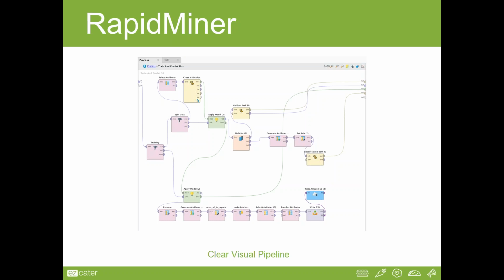We are running cross-validation on it, and we apply it back to the data that was not in the training set. And then you can see we write a CSV and upload it to S3. Way easier to share this with a colleague of various levels of technical skill rather than point them at a long Python script.